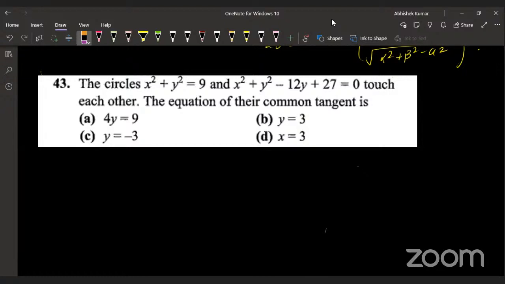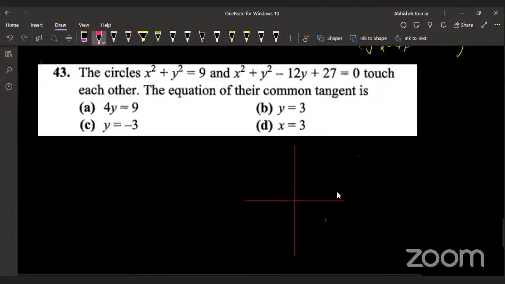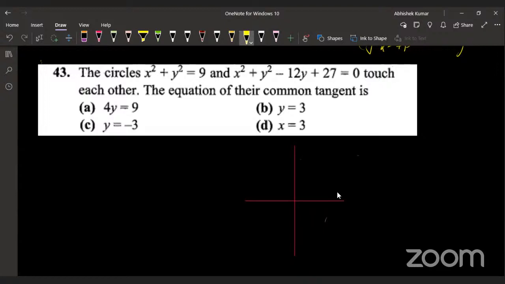Okay, let me explain. It's not that difficult. Even if you draw the figure, your question is done basically. You have one circle whose center is at the origin, radius is 3. For the second circle, what is the center?